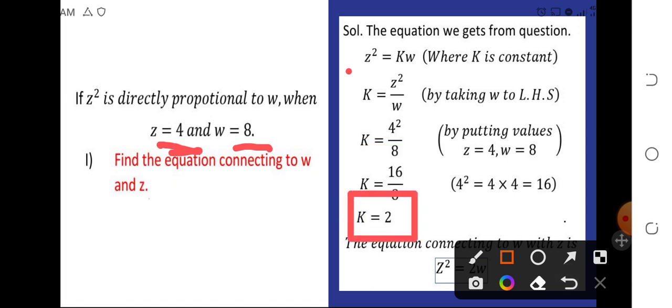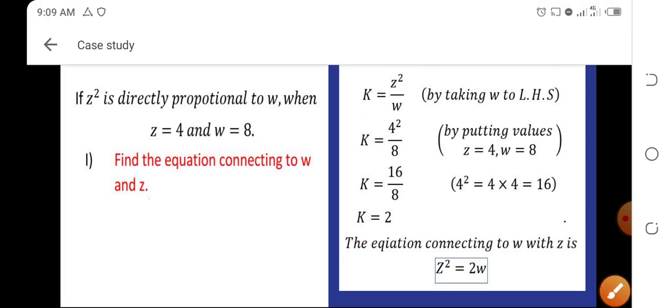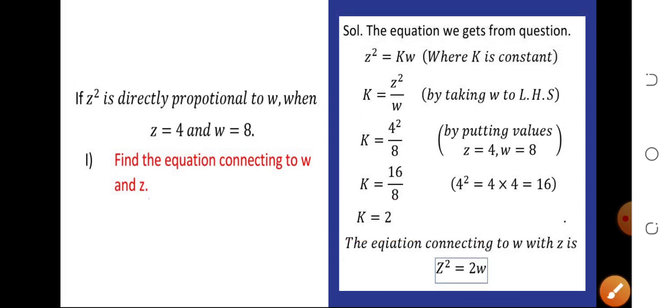K is equal to 2. Now we write down the equation by putting the value of K: Z square is equal to 2W. This is the equation connecting W with Z, and this is the answer of the first part.